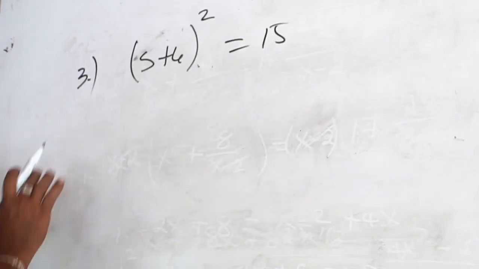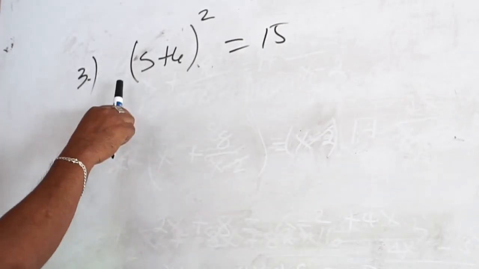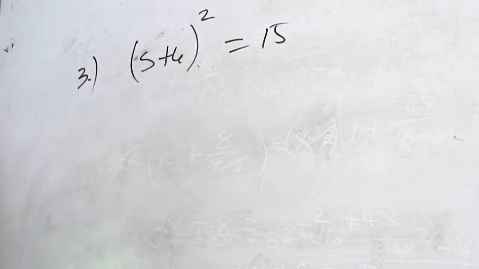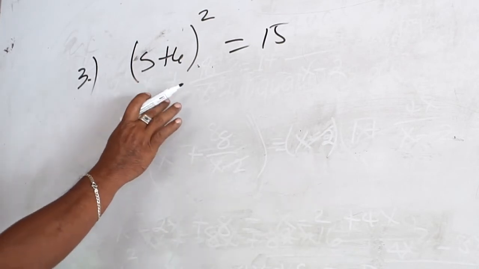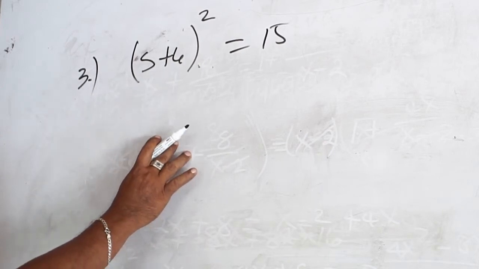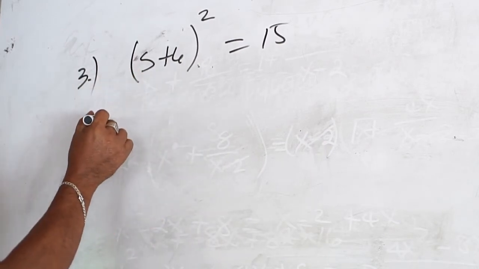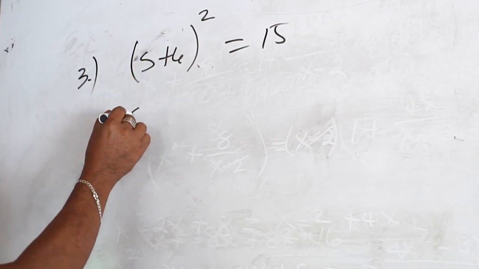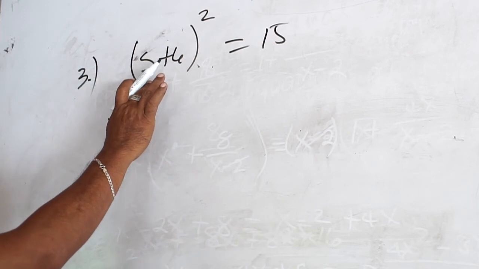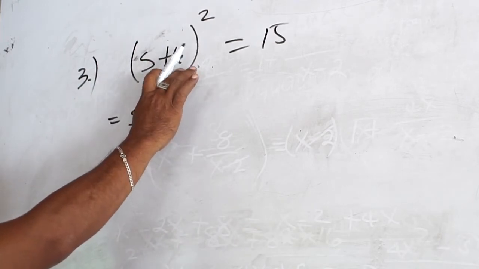For example number 3, we have (x plus 6) squared equals 15. Recall your knowledge of the square of a binomial. The square of x plus 6 is x squared, then multiply the first term to the second term with twice the product.